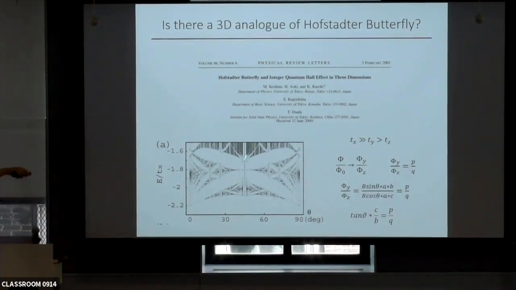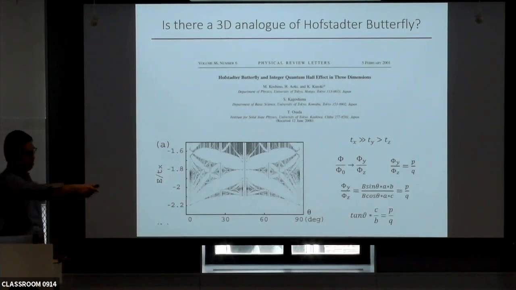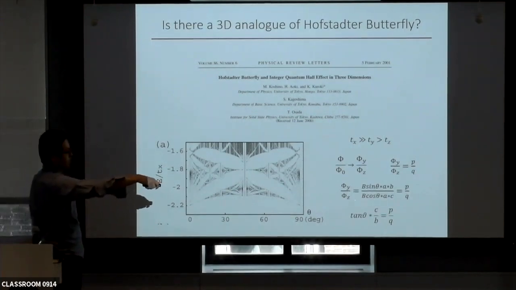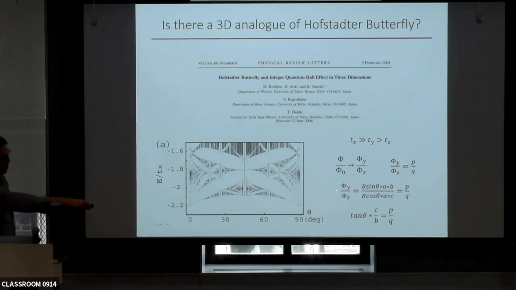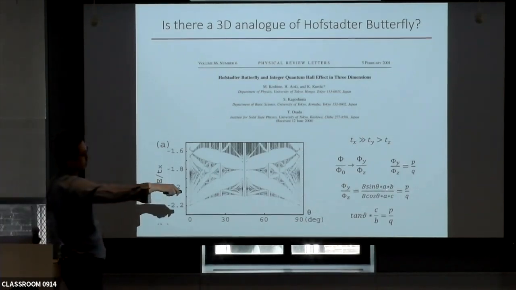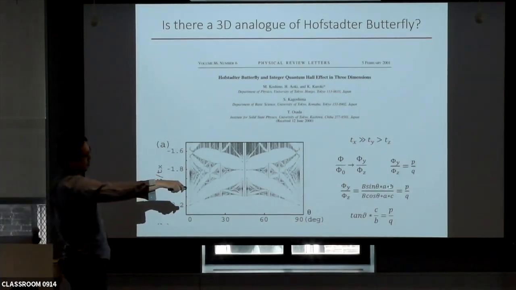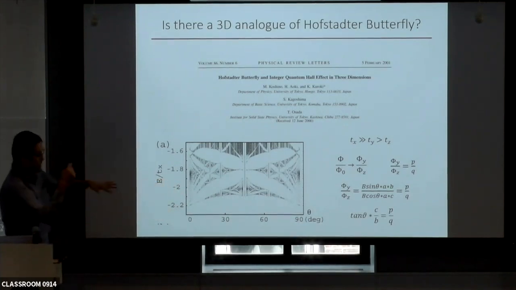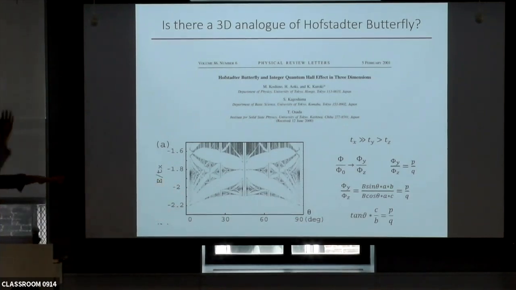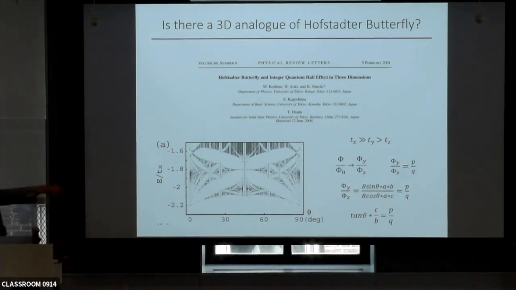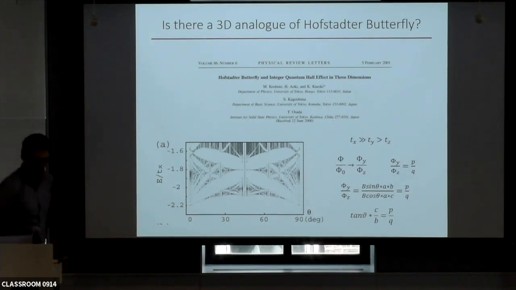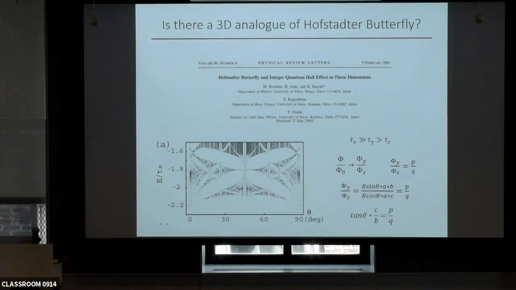The condition where you see all these dispersive bands is precisely the condition where your field is pointing to this commensurate angle. So you also have this B sin theta multiplying a over b, the a and b lattice constants. Basically, whenever the ratio of the flux going through this unit cell and that unit cell corresponds to a commensurate number, you'll see this line, and that corresponds exactly to the angle we observed.